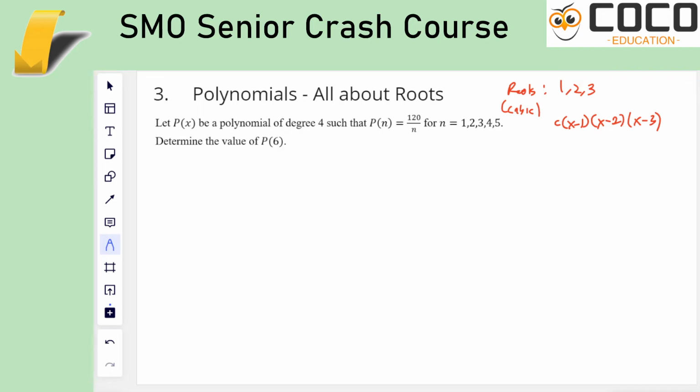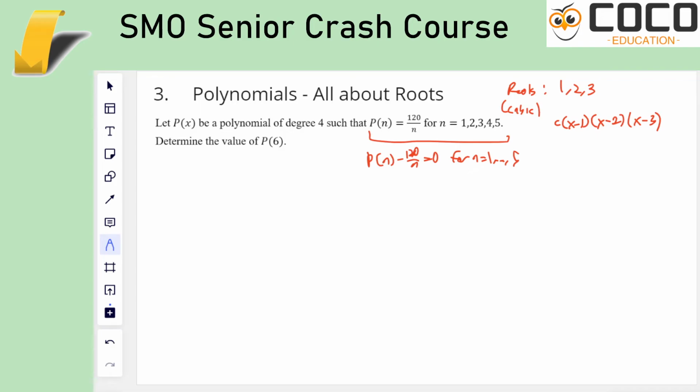So as long as you know the roots of a polynomial, you basically know what it is. We've seen that for quadratics, we have seen that for a cubic. Now let's look at this example here. And what I want to do is to try to rephrase the given condition into something about roots. So let me shift this over. Can I say that 1 to 5 are roots of Pn minus 120 over n?